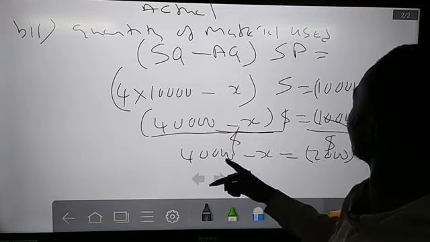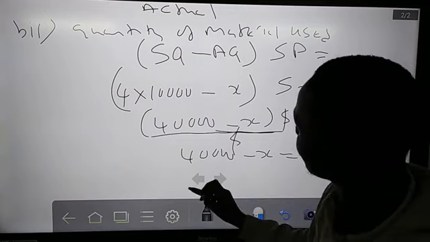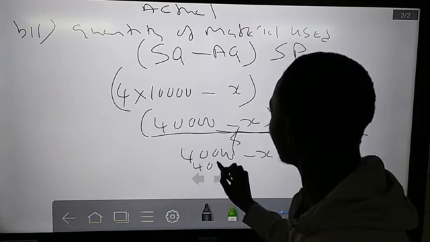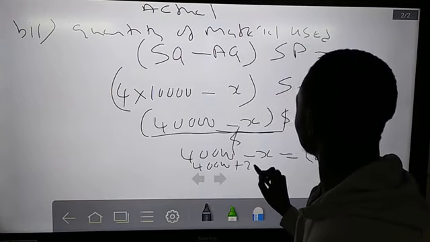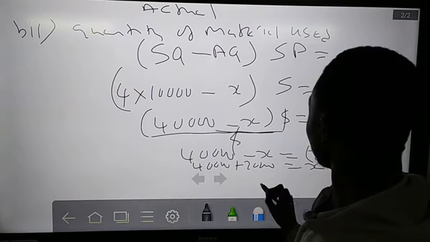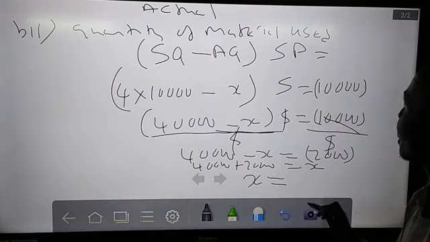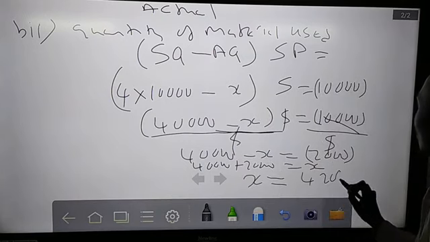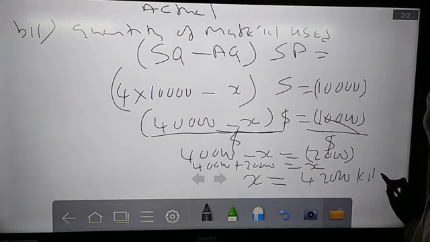Then this comes here, so it becomes 40,000 plus 2,000 equals to X. So therefore, our X, which is our quantity, is 42,000 kilos.